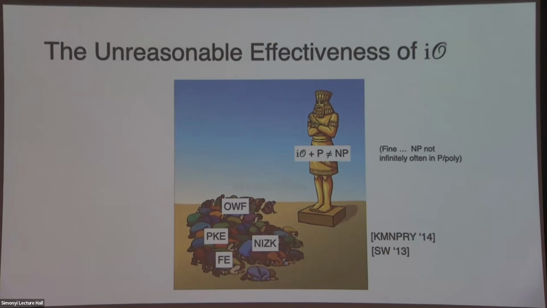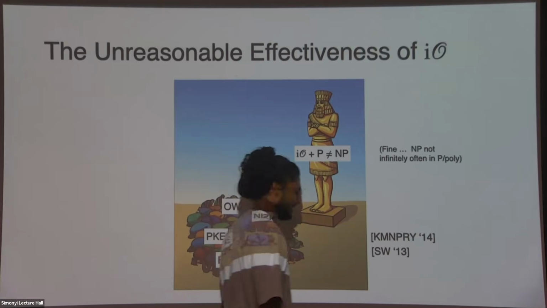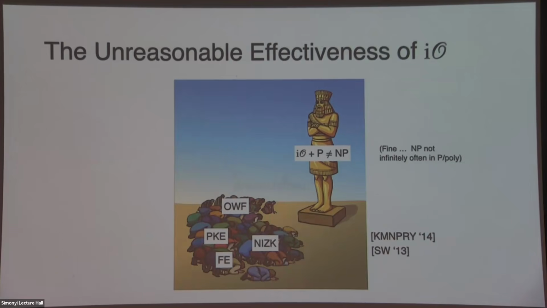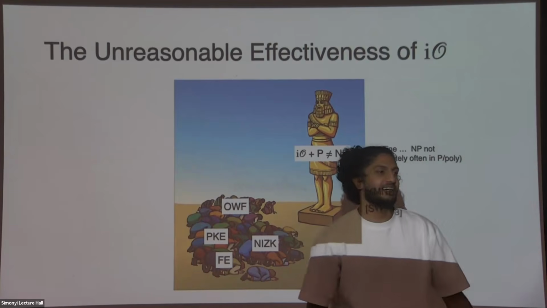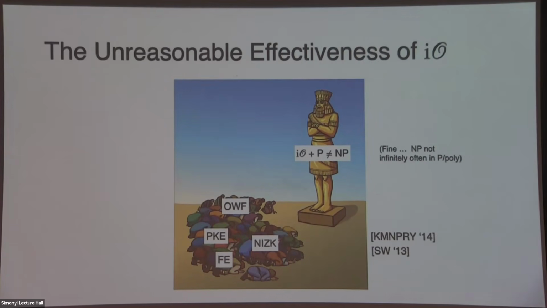But anyway, there's this unreasonable effectiveness of IO, and it seems like you can get everything from IO. From what I understand, IO came out in 2013. There were these constructions, and then a flurry of results, like, okay, we can get this, we can get that. And then apparently there were some discussions on PCs where they were like, okay, guys, you can get so much from IO, we can't accept everything, is what I heard.